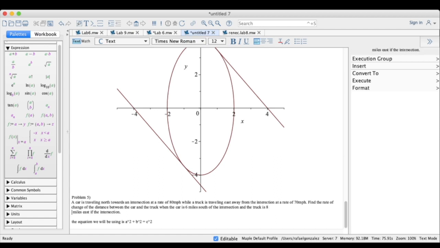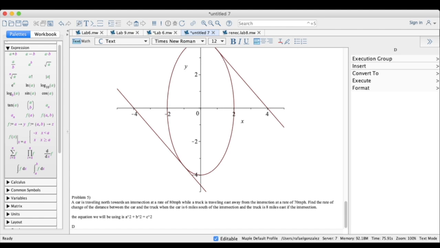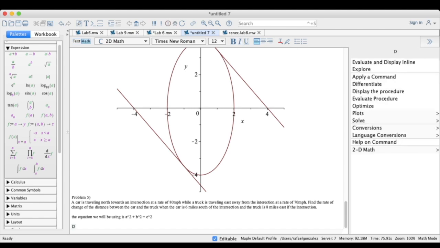So the first thing that we will do is to take the derivative of this particular function. I'll call it capital D. Remember that we have two ways of taking the derivative, diff and capital D. So I'm going to take it with D so you can see what happens when we do it implicitly.